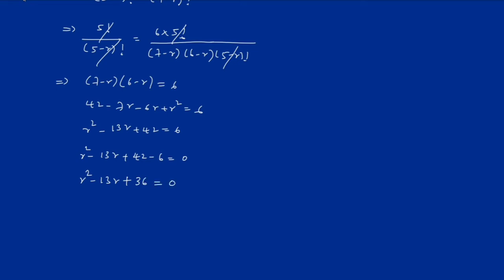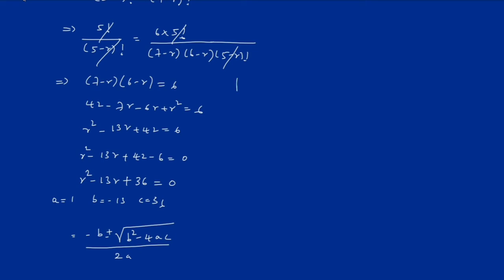And now factorize this. What are the factors we get? Or you can directly substitute in the root formula, right? A equals 1, B equals minus 13, C equals 36. Therefore, x is equal to minus B plus or minus the square root of B square minus 4AC, divided by 2A, right?